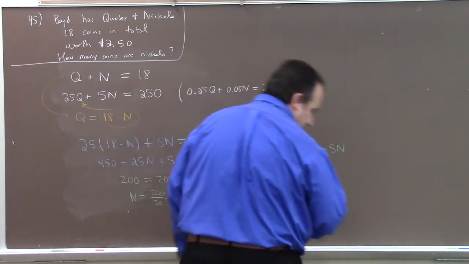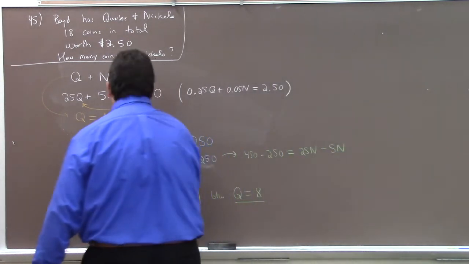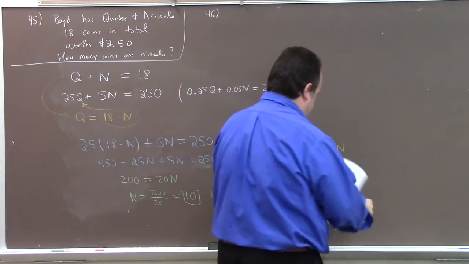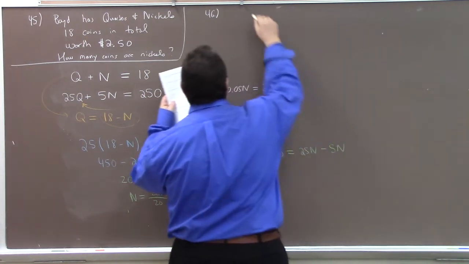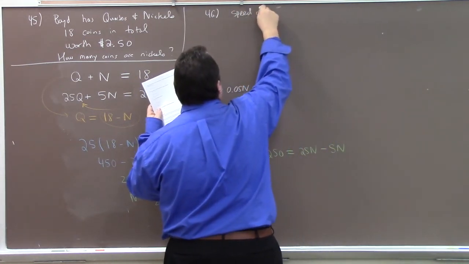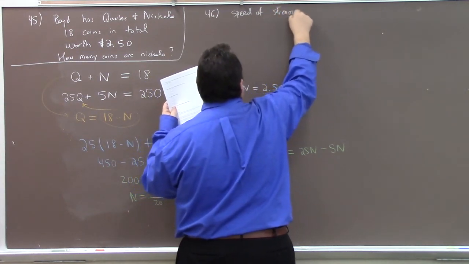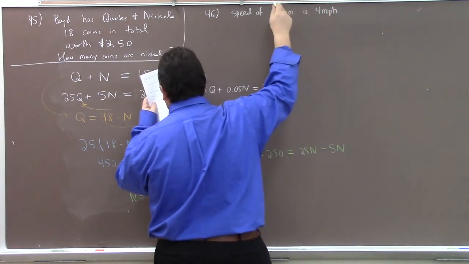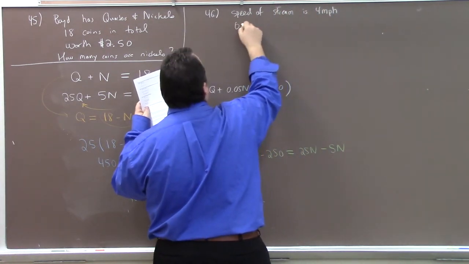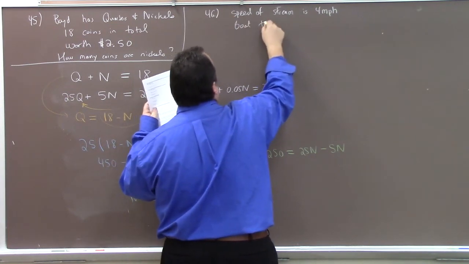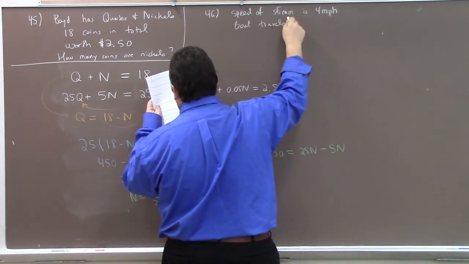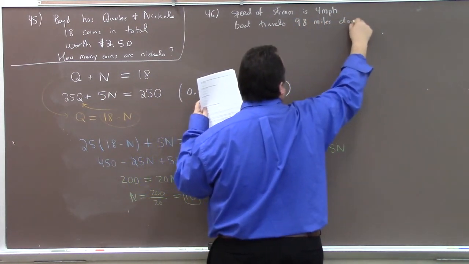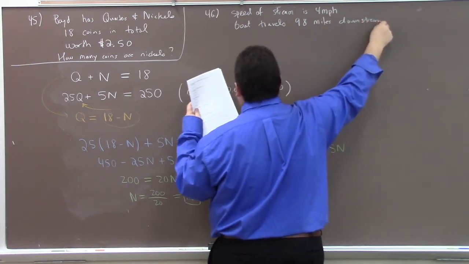This is number 46. This looks like a speed problem. The speed of a stream is 4 miles per hour, all right? A boat travels 98 miles downstream, all right?